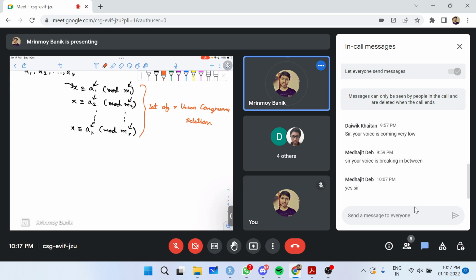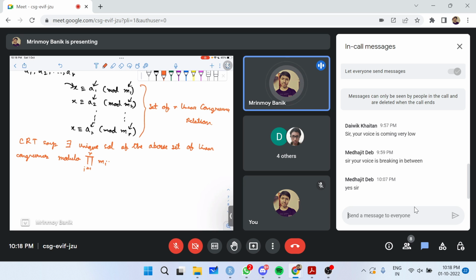The theorem, which we sometimes refer to as CRT or Chinese remainder theorem, says there exists a unique solution of the above set of linear congruence relations modulo the product over Mi.